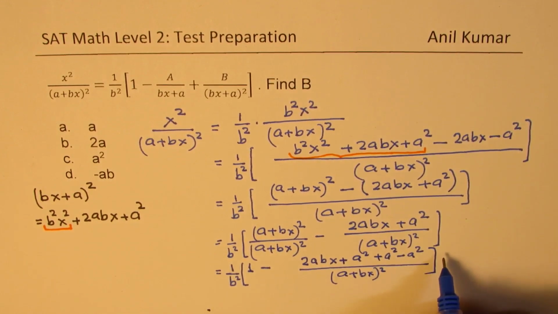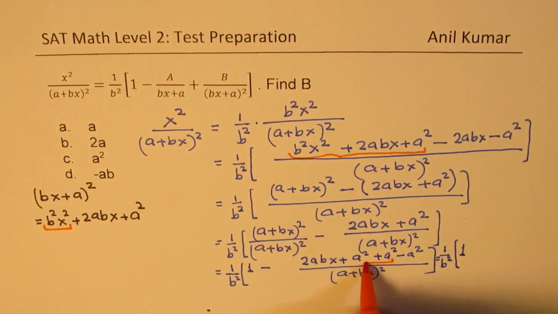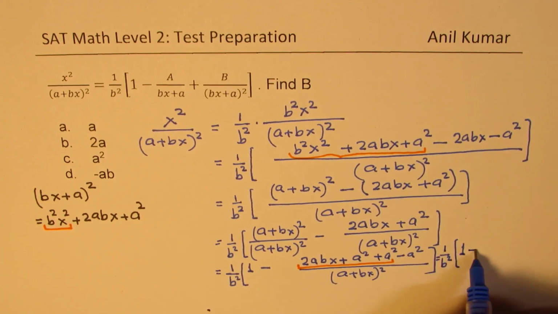So this could now be written as 1 over b square, let me write equal to, I'm just squeezing it in since there's very less space here. Now we can take 2a common. We are combining these two terms, so that is 2a for us. Is that clear? That is 2a for us. So we can take 2a common. So we have minus here.